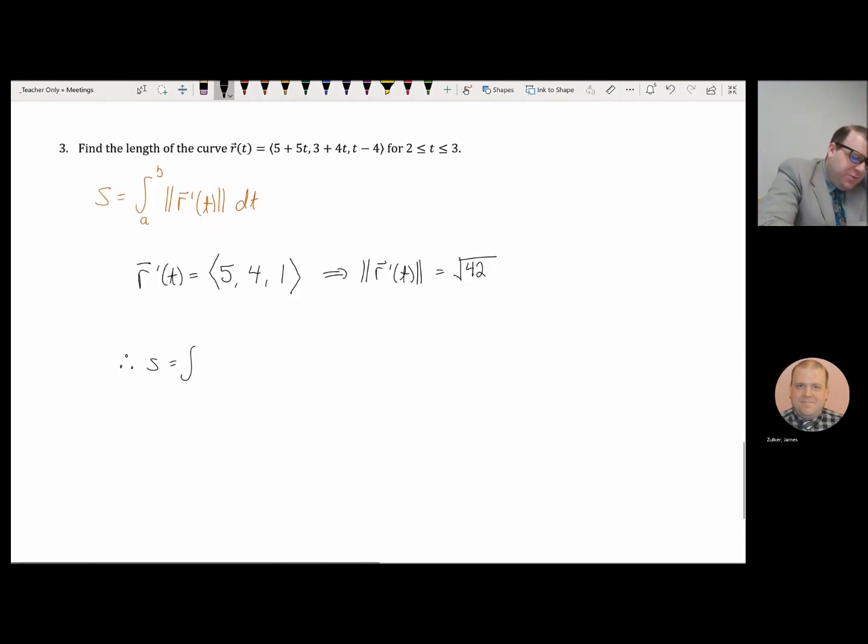Arc length is the integral from 2 to 3, root 42 dt, which is just square root of 42. So there's your arc length.